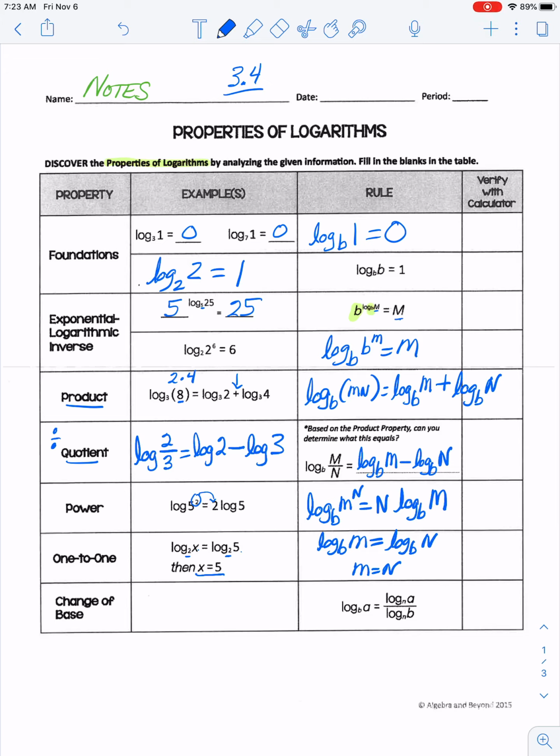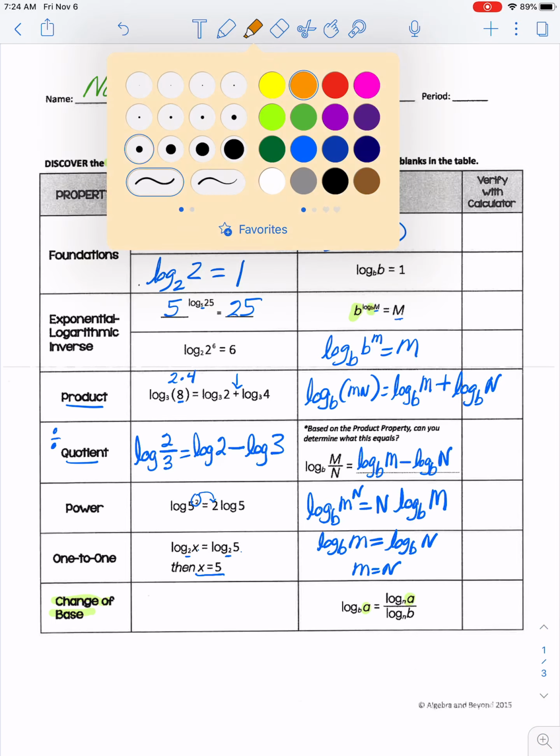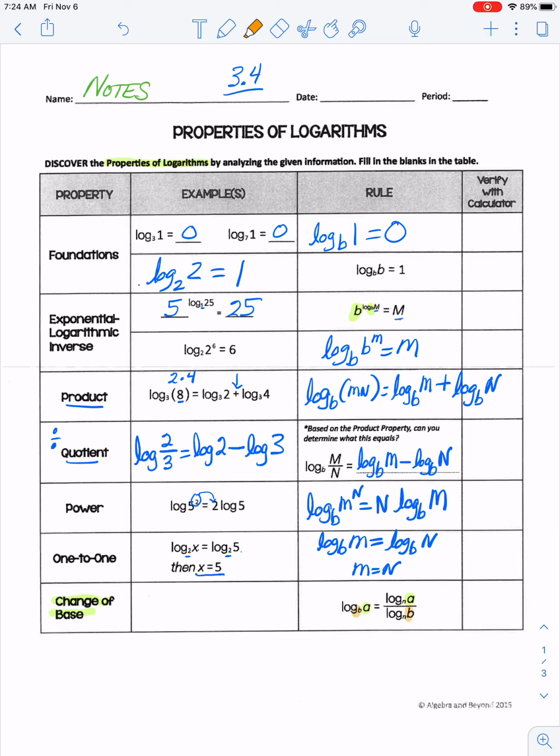All right, one more for your properties. Change of base is probably one of my favorites. I tend to use that one quite a bit. It just says that if you have a log with any base a, you take the log of that number divided by the log of that base, so the base down here.